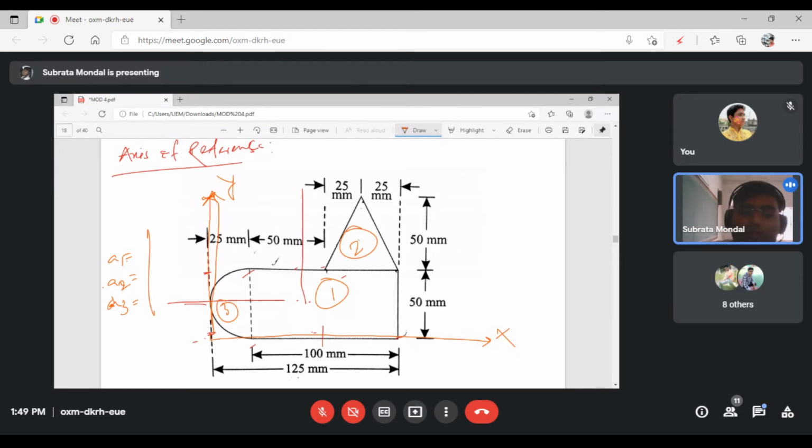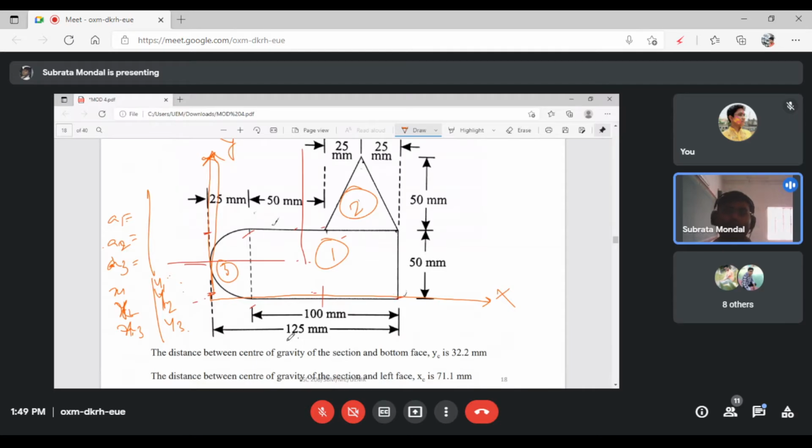Next, the choice will be x1, x2, x3, and in a similar fashion y1, y2 and y3.